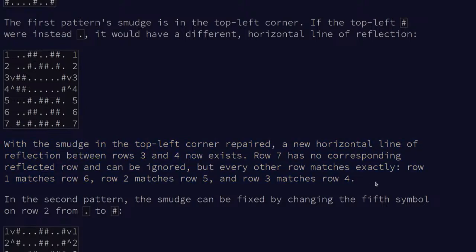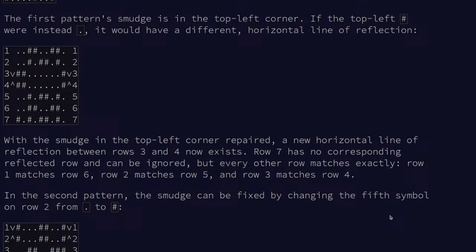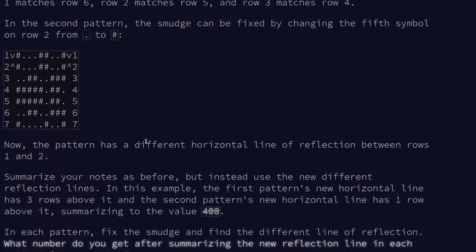They're only talking about a different horizontal line, but they haven't said anywhere about a different vertical line.